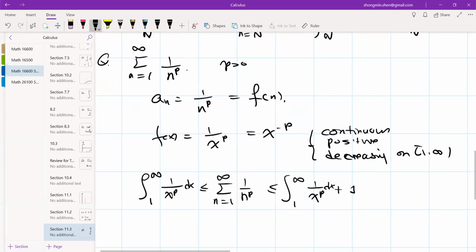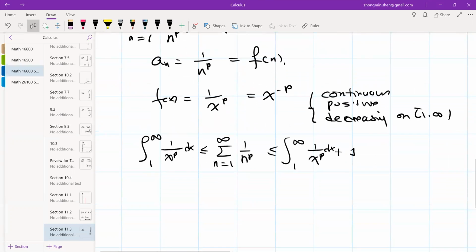So the convergence really depends on the integral, right? If the integral is finite, then the series is finite, and you can estimate the value. If the series is finite, the integral is also finite. Anyway, you have this bound.